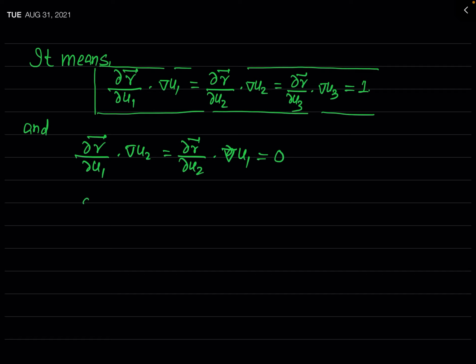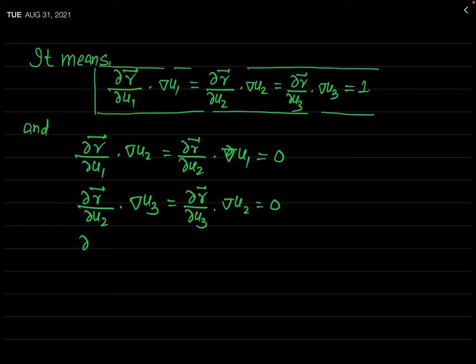Similarly, del r by del u2 dot del u3 is equal to del r by del u3 dot del u2, and this is also 0.